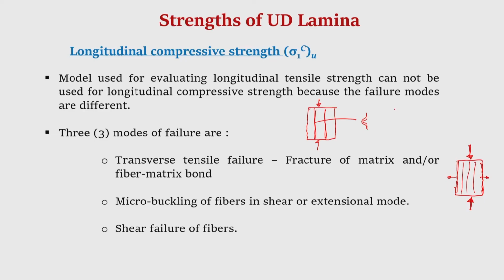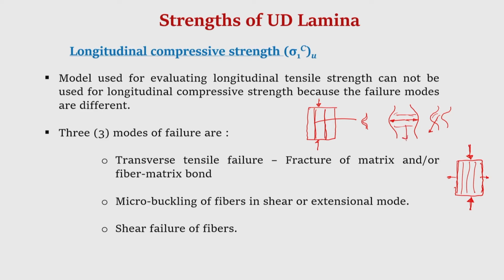the fiber microbuckling many a times is preceded by the fiber matrix debonding. What might happen is, suppose there are two fibers, they might buckle and thereby put the matrix in between under tensile stress. This fiber microbuckling may be in the extension mode like this, or two fibers may buckle cooperatively, thereby putting the matrix under shear.